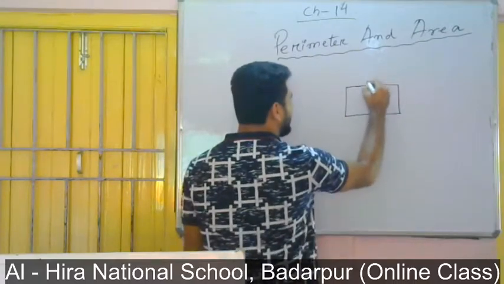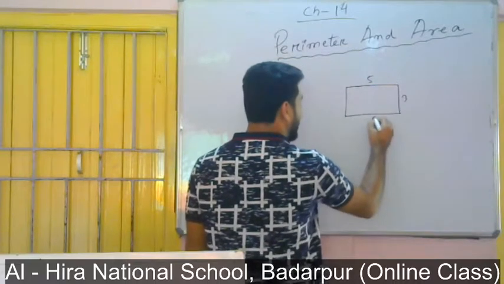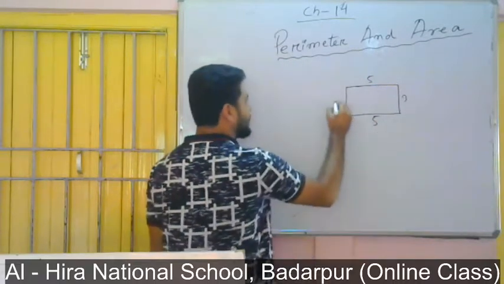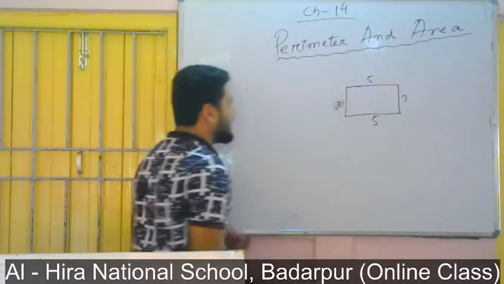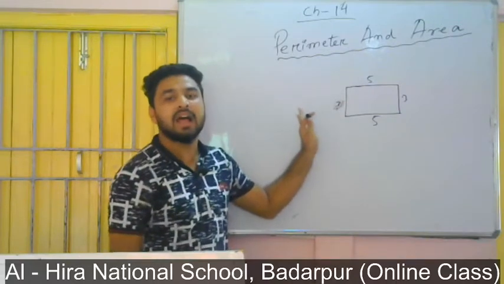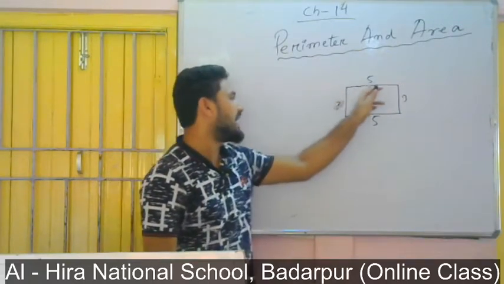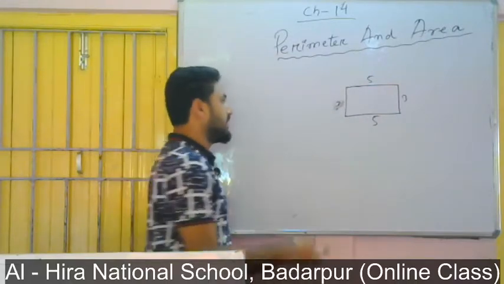Suppose the length of this rectangle is 5, it is 3, then again it will be 5, and this will also be 3. So if I add this, then we will get the perimeter. That means, if I add the measurement of length and the breadth, then we will get the perimeter of this rectangle.